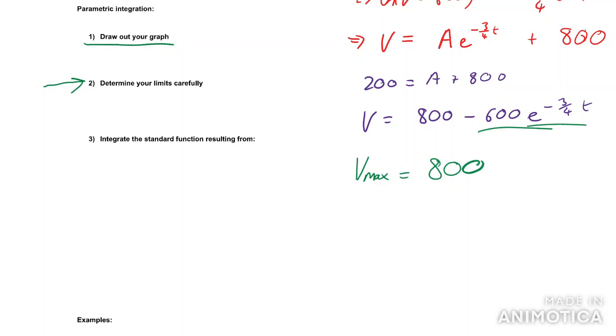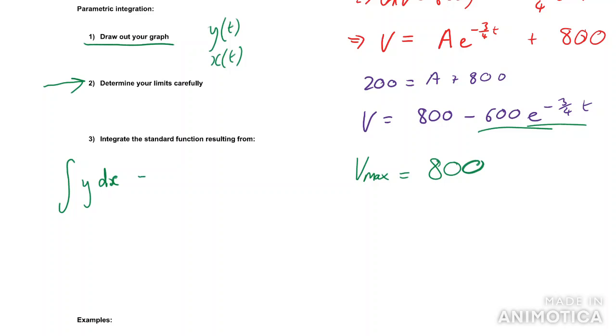The integration of parametric integration, well, what is integration? Integration is always the integral of y dx. And for parametrics, what do we have? Well, we have y as a function of t and x as a function of t, for example. So how do we integrate the integral of y dx?